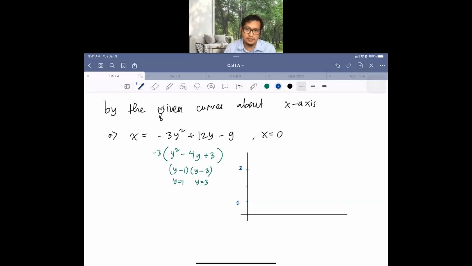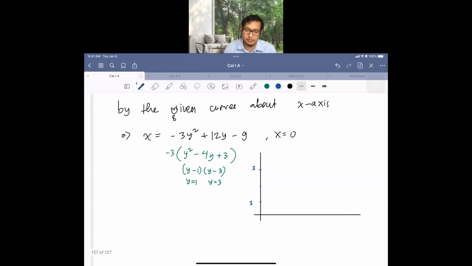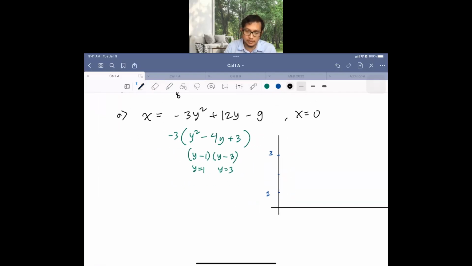If you want to draw faster, let me give you a quick recap on graphing. Firstly, I believe you are able to draw y equals x squared easily and very quickly, right? Now, if I draw down here at the bottom, this will be y equals negative x squared, right? We have the mirror.